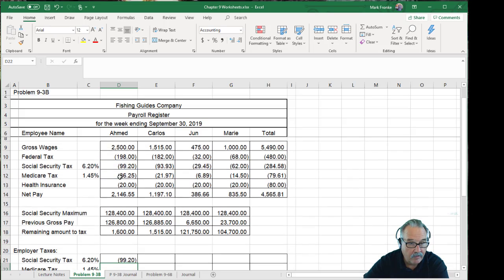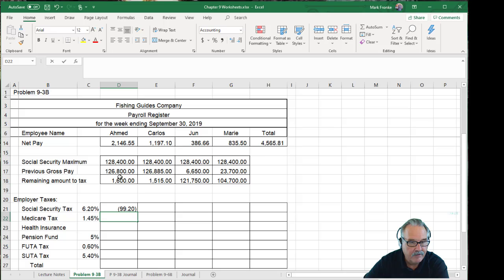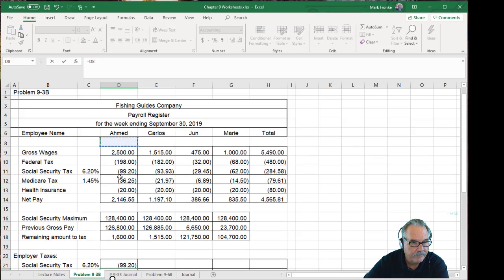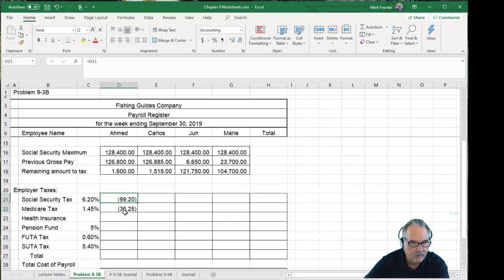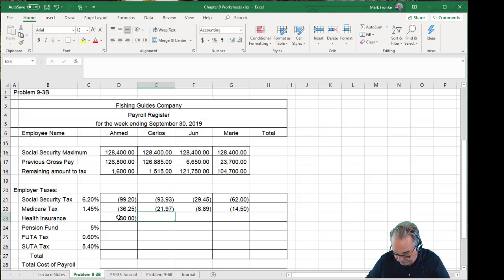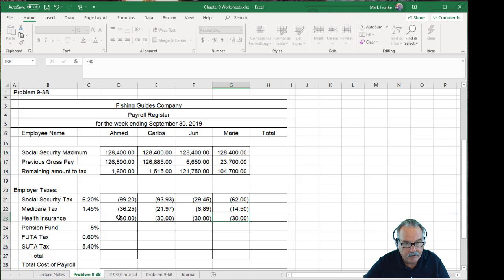And so they were exactly the same from up above. Health insurance, the company pays $30 for every employee. So the employee pays $20 and the employer pays $30. So the total health care is $50. That's pretty cheap.